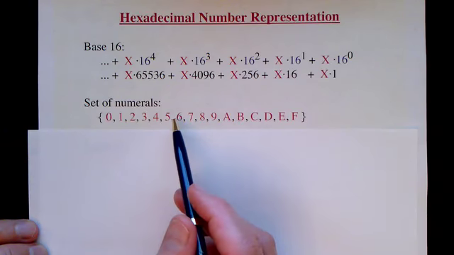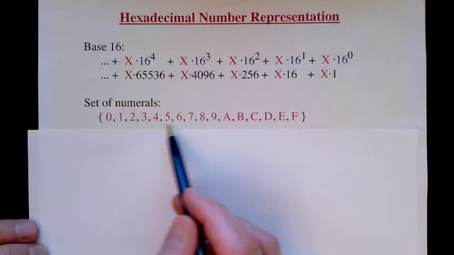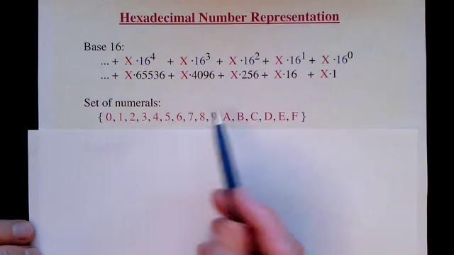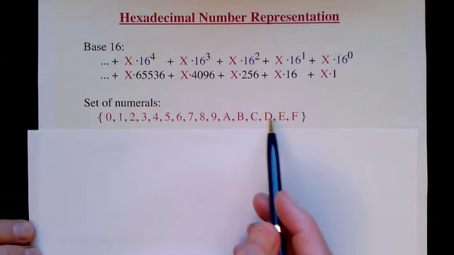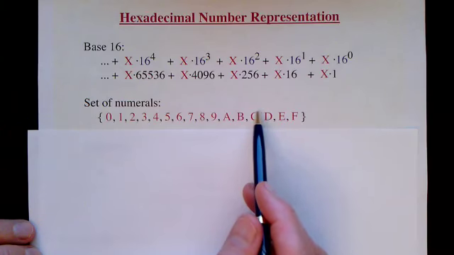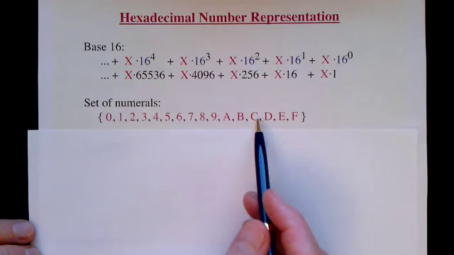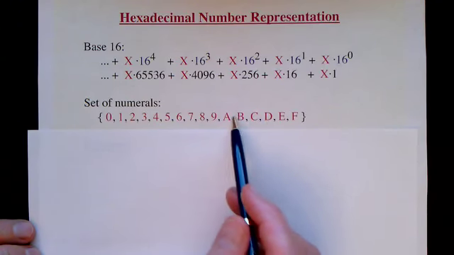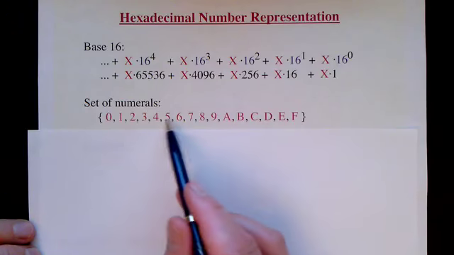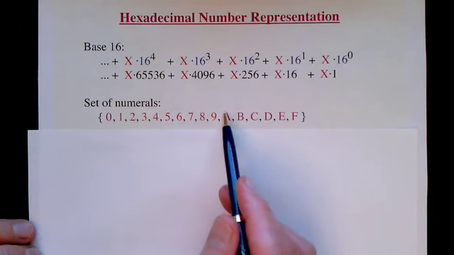Now it's very easy to look at this symbol here, 5 for example, and think that it corresponds to 5. You can imagine 5 pennies or 5 apples or whatever. It's less easy to look at a symbol like this, D, and think that it corresponds to a number. But in fact, in this system it does. So you need to look at these symbols here and see that they're just like these symbols. This is 10.